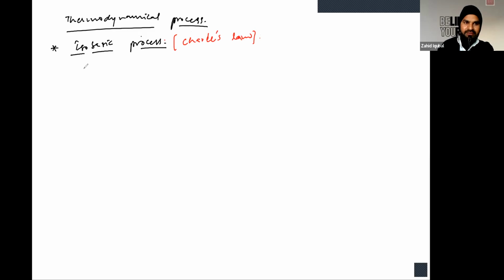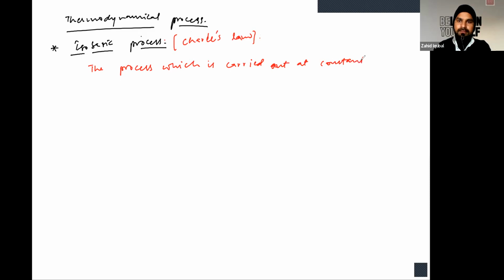So we can define this part as the process which is carried out at constant pressure. According to the ideal gas equation, PV is equal to nRT.